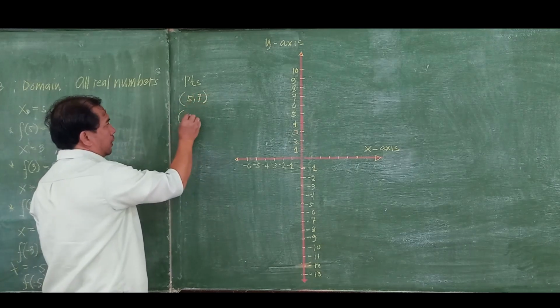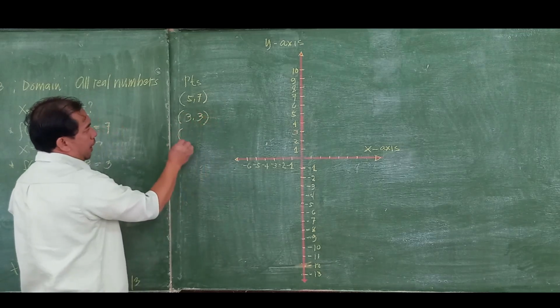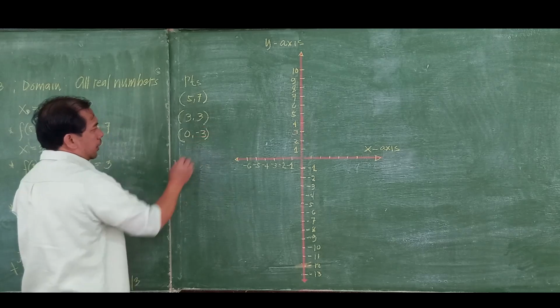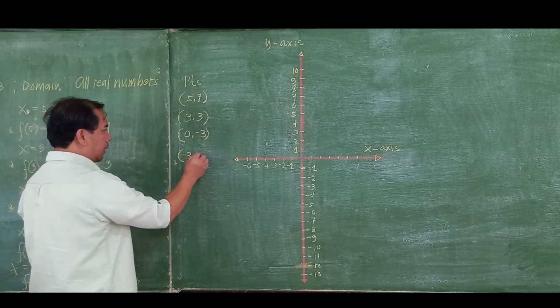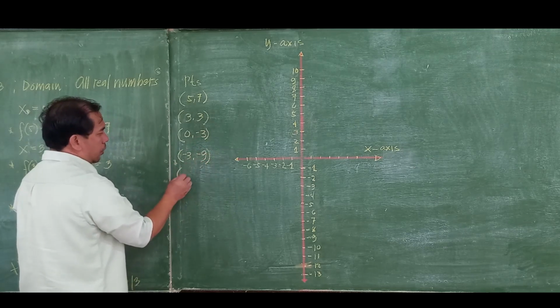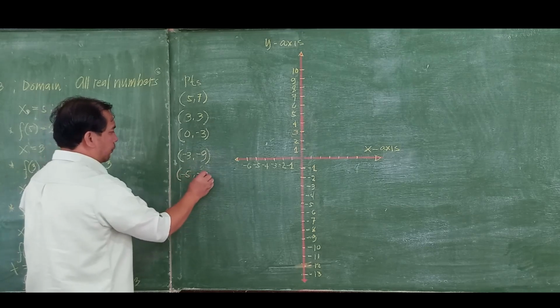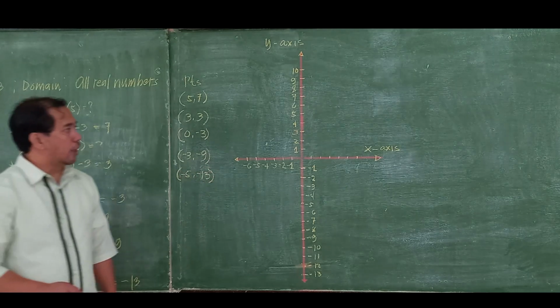It will be followed by 3 and 3, then 0 and negative 3, then negative 3 and negative 9. And the last one would be negative 5 and negative 13.